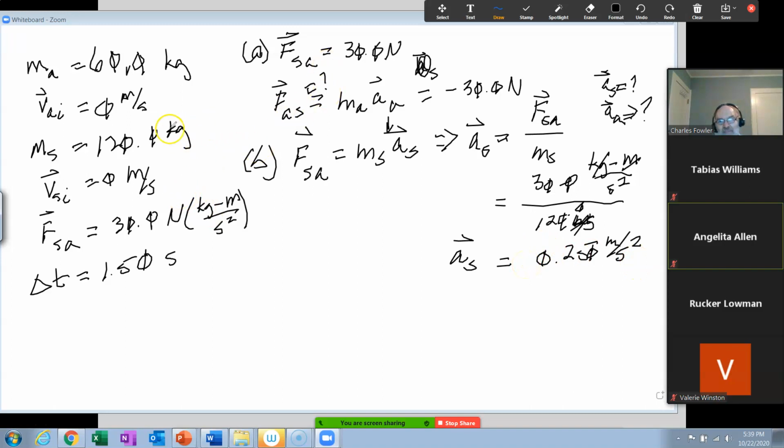We're also going to compare the acceleration of the astronaut. It's got the same type of formula, too many A's there. That's the net force on the astronaut by the spacecraft divided by the mass of the astronaut.